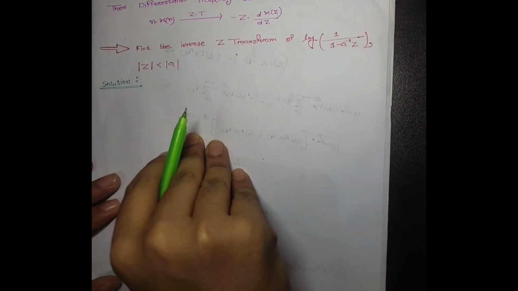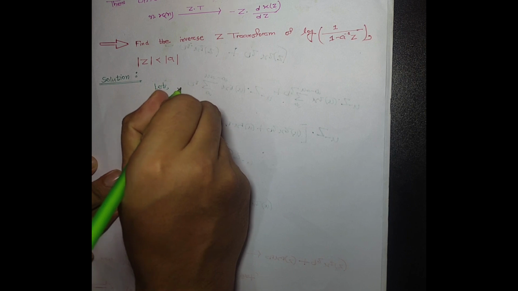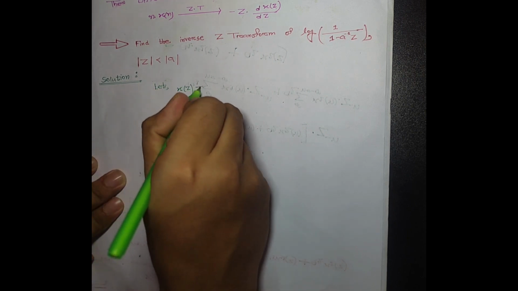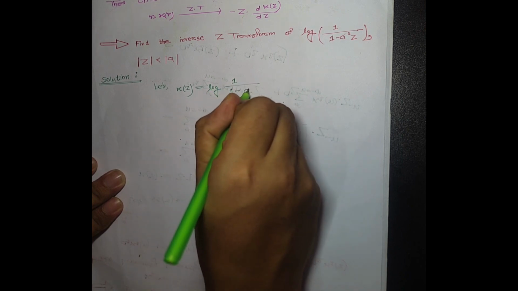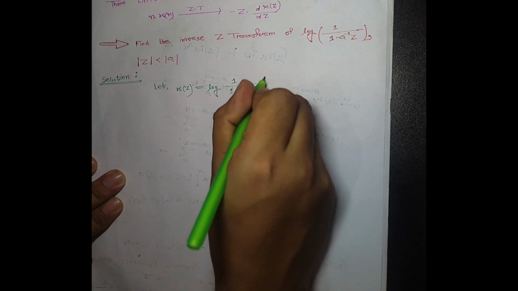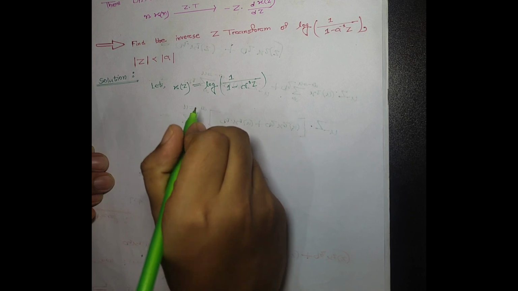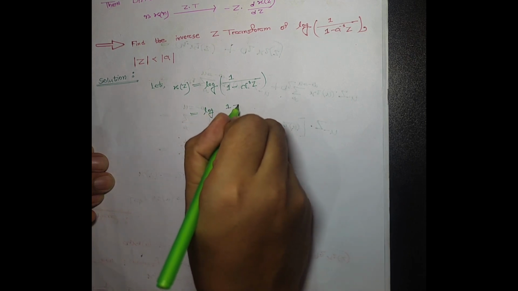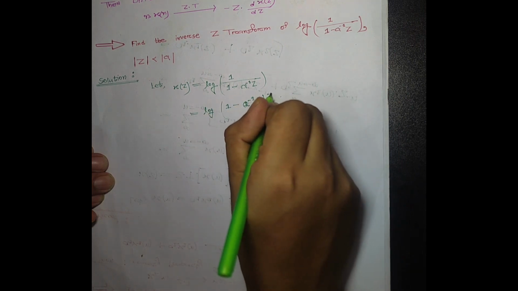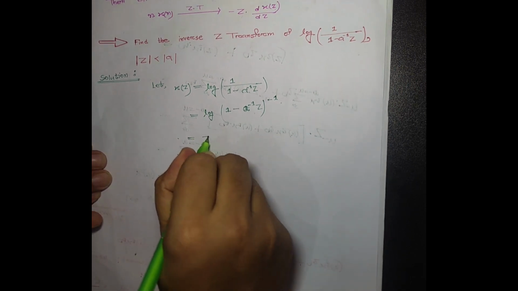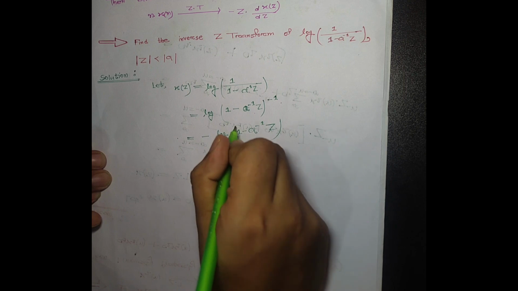Now in the solution, let X of z equal to log of 1 by 1 minus A inverse z.